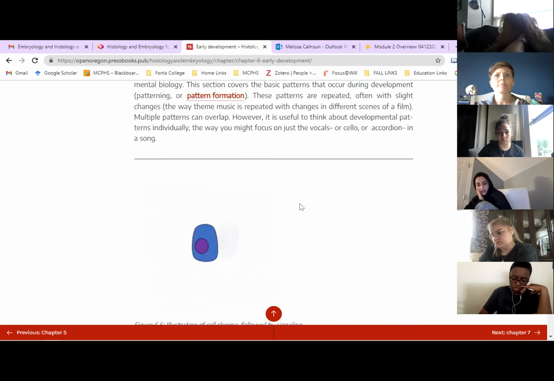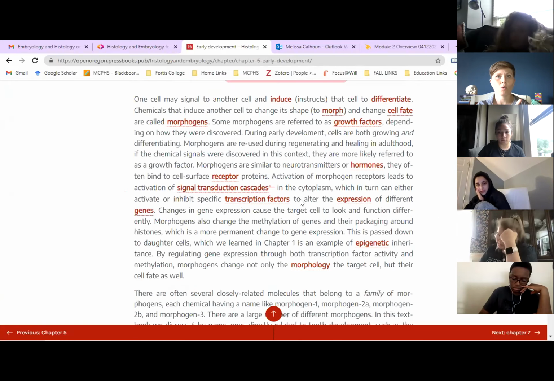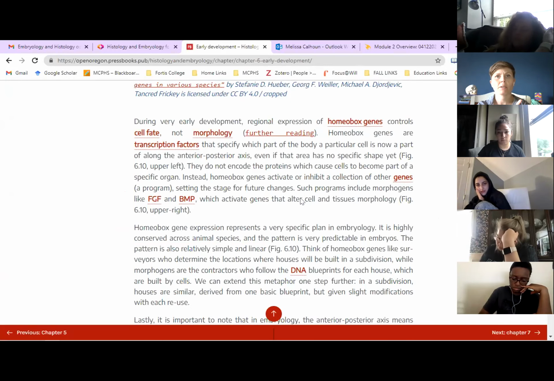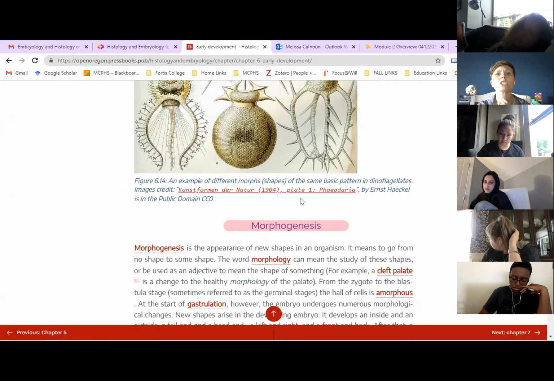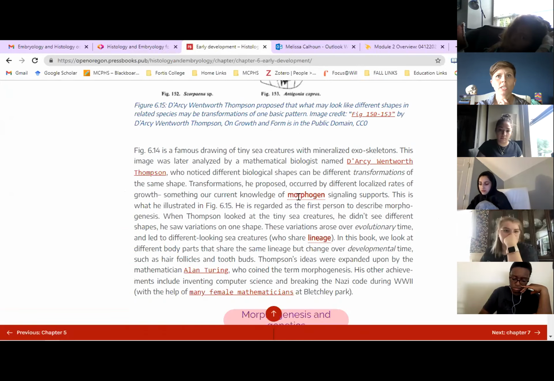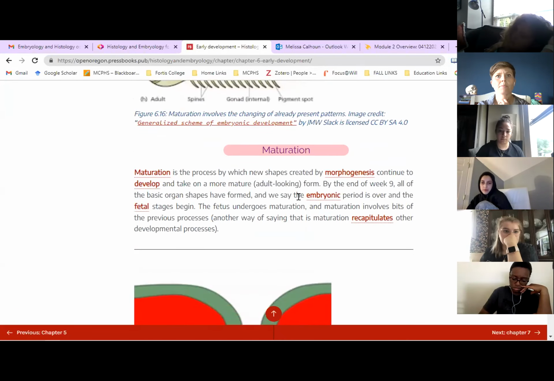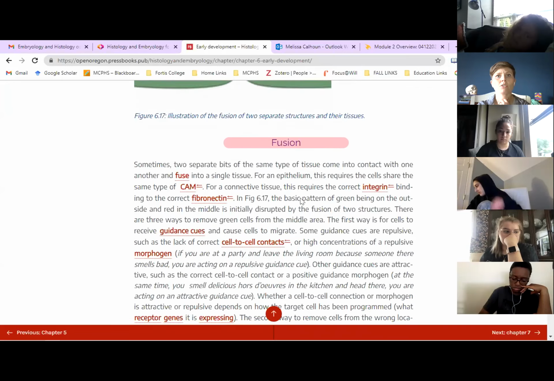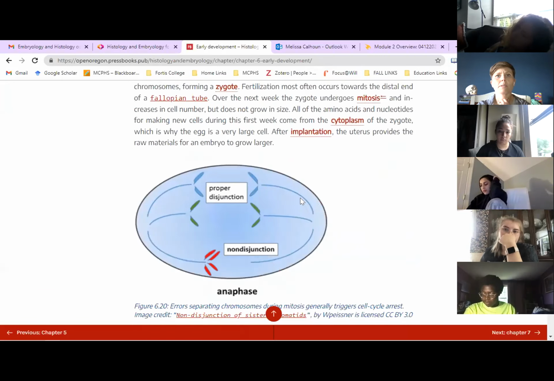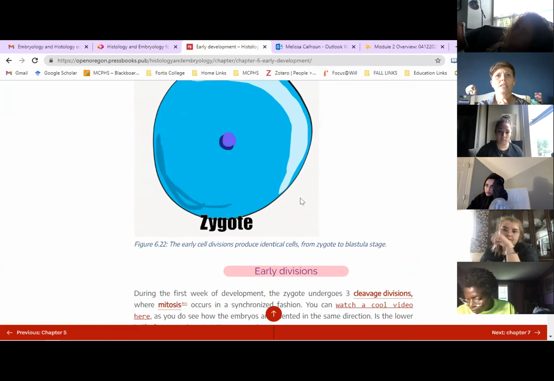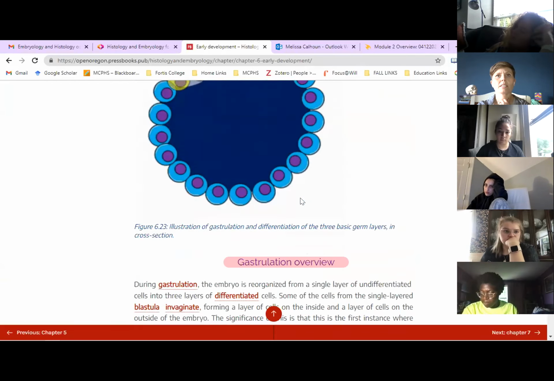Hold on. I thought that was pretty cool because it gave your proliferation, your morphogenesis, your maturation, your fusion. Right, first trimester. Where was it?